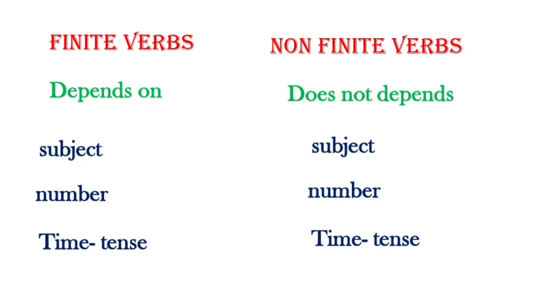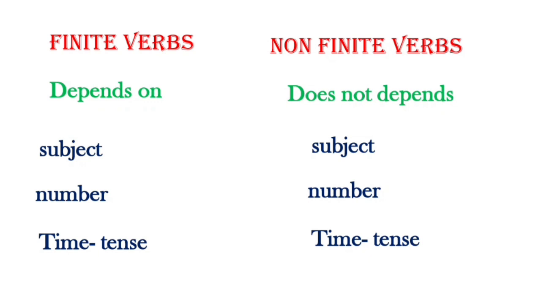According to the subject and tense, it changes. But a non-finite verb doesn't change. It remains the same whether the subject is singular or plural, or the tense is present, past or future. These non-finite verbs don't change. They remain the same. Now let's go to examples.